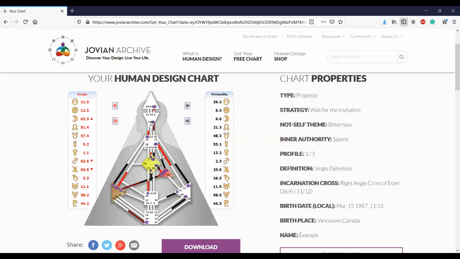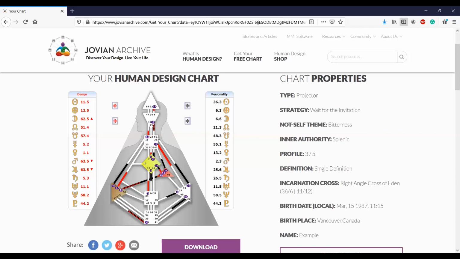There you go. We have 9 centers, and as I mentioned briefly before, something you might notice is that some centers have colors and some are white. In this case, we have 3 in color and the rest, 6, are white. The ones which are colored are defined.